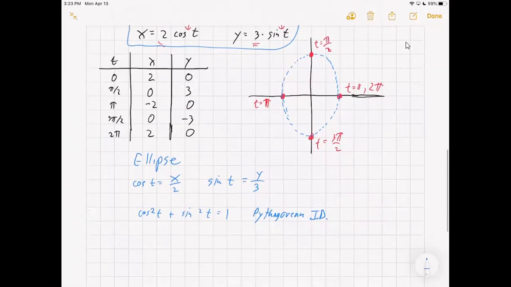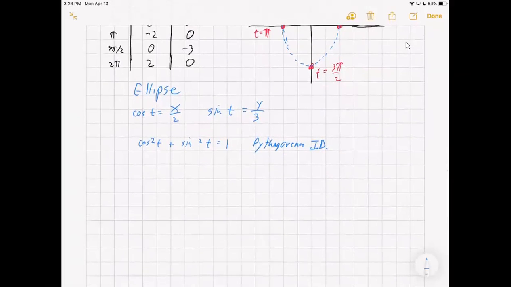So if I put that together, then x squared over 4 plus y squared over 9 must equal 1. That was the general form that you had when you were studying ellipses back in pre-calculus. So that's how we could make an elliptical path.